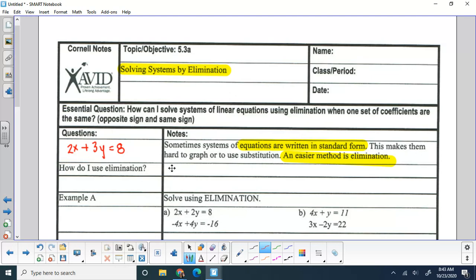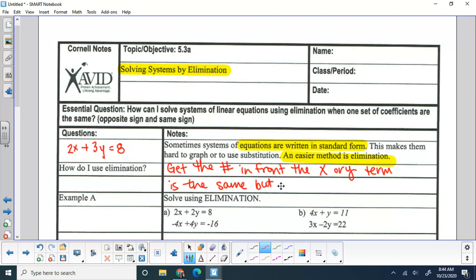So the method of elimination essentially says, get the number, or the coefficient, we call it, the number in front of the x or y terms, to be the same. And again, it doesn't matter if it's the x term or the y term, as long as the number in front of the x or y term is the same but opposite. And you might go, what does that mean?